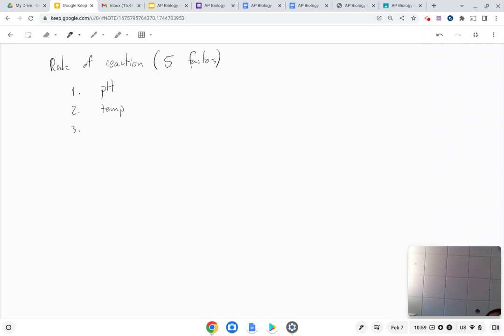Number 3, substrate concentration, that is, how many molecules are there per unit of area. Number 4 would be the presence or absence of inhibitors. And then lastly would be the enzyme concentration. How much of the enzyme do we have? So those 5 factors will affect it.